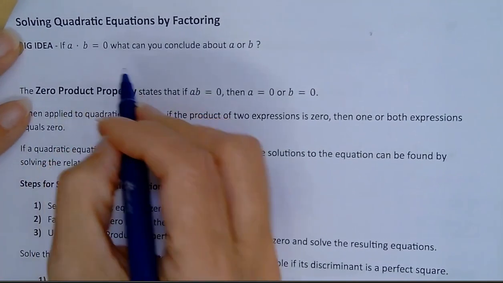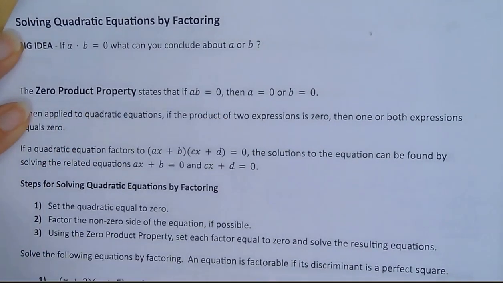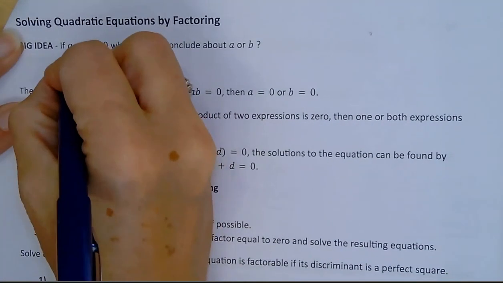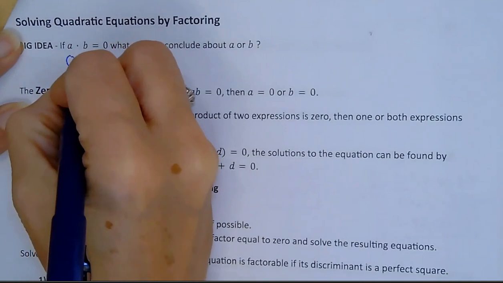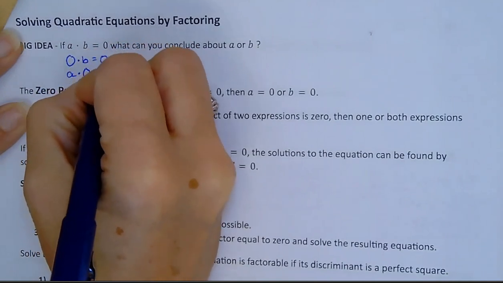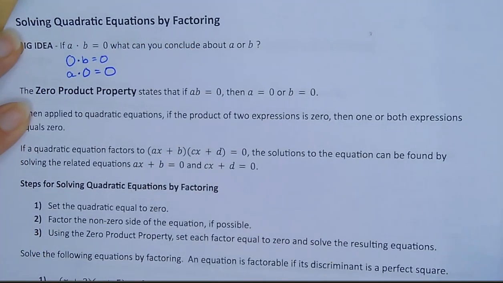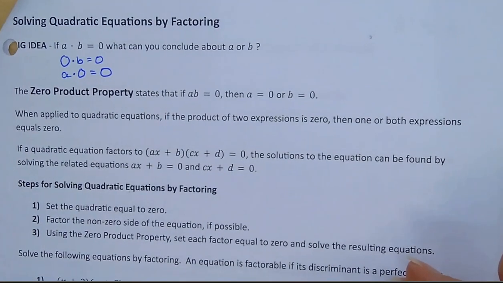If a times b equals 0, what do you know about either a or b? Well, you know either a has to be 0 or b has to be 0 or both, right? This is an important thing. This is one of the concepts that we're going to use when we are figuring out our solutions.